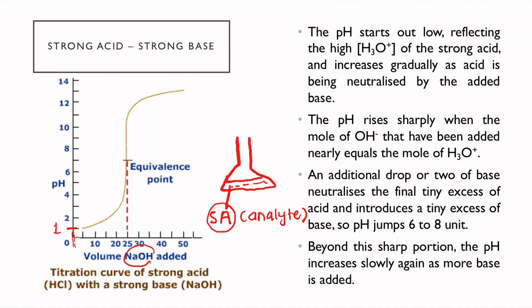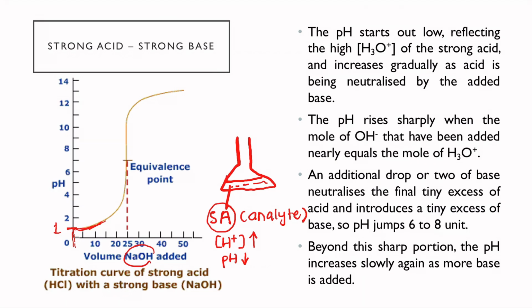So awak punya H+ concentration is very high. So kalau H+ concentration is very high, then your pH value will be very low, right? So that's why you start off very low for this curve.